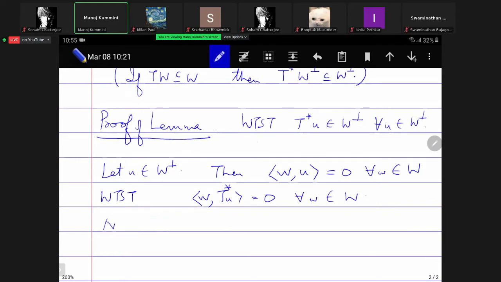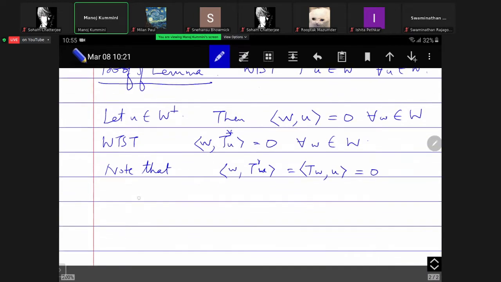Note that the product of W and T star U is the same thing as the product of TW and U. This is 0 since T little W is inside W. For all W inside W. Maybe I should put the quantifier here.